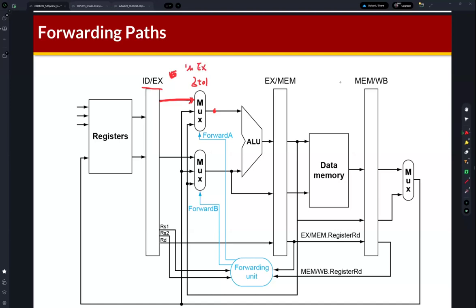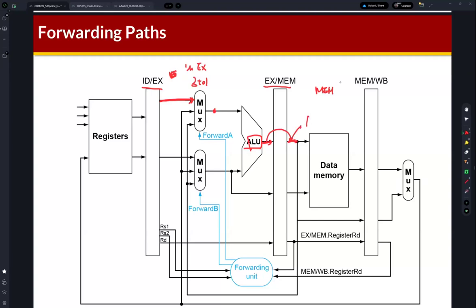But you can find that this is the result of the ALU, right? The result of the ALU is propagated to the next stage, the memory stage. This is the output of the EX/MEM pipeline register. So what is this one?